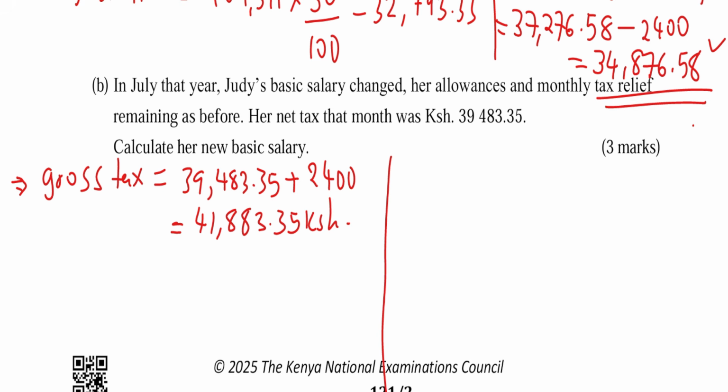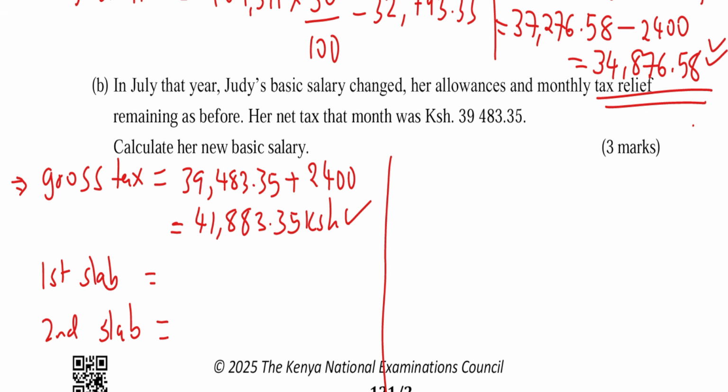Now let's start calculating the taxable income. Now we know we had the first slab and we had the second slab. Now from whatever tax that you got, most probably this amount will end in the third slab, because it's not huge enough.